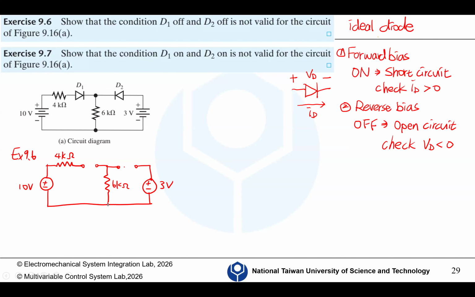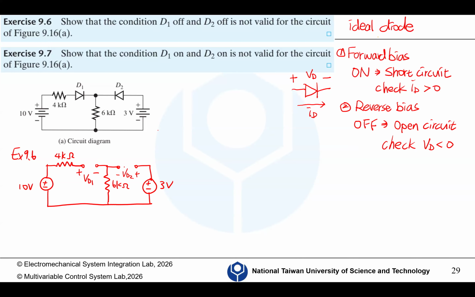We need to define VD1, positive and negative, and because we define the bottom of the diode as positive, this is VD2. We just need to check if VD is smaller than 0 because they are off.